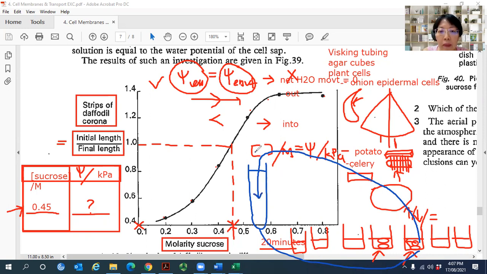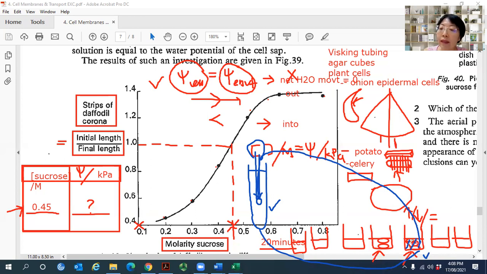I put the pipette into the middle of my boiling tube, and I will squeeze 1 drop of this solution that I obtained after the experiment into this solution, which is the original concentration of sucrose before the experiment.